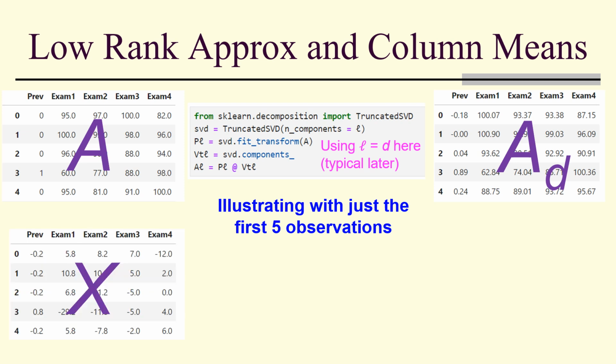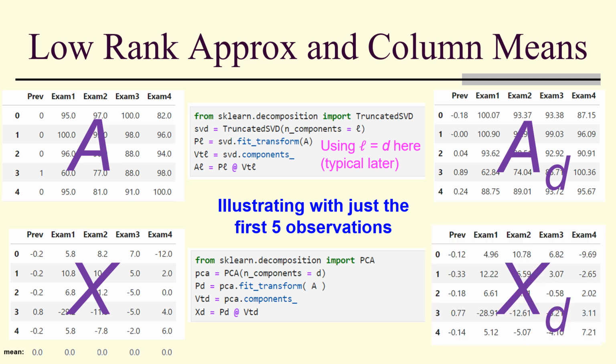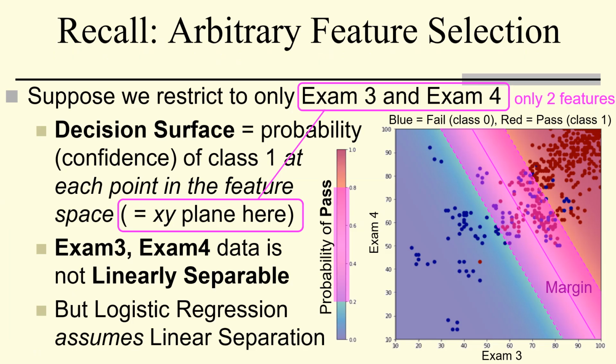But here is my centered version of A, and it's got column means of 0, and no matter how many components I use, I end up with my X sub d also has column means of 0. And the PCA commands that we use always center the data first. So we don't actually have to center ourselves. The command will do it for us.